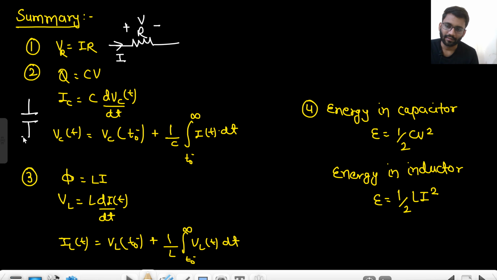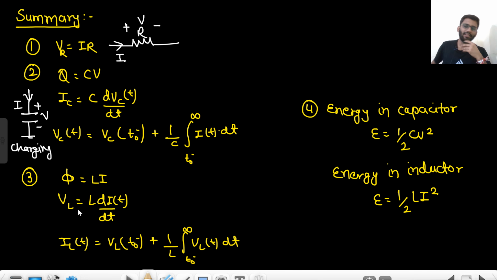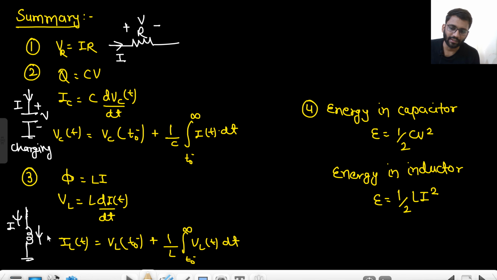The voltage developed is like this, and if the current is flowing in this direction, this is the charging case. So Vc(t) is equal to Vc(t0), the initial voltage, plus the further voltage that will be developed.